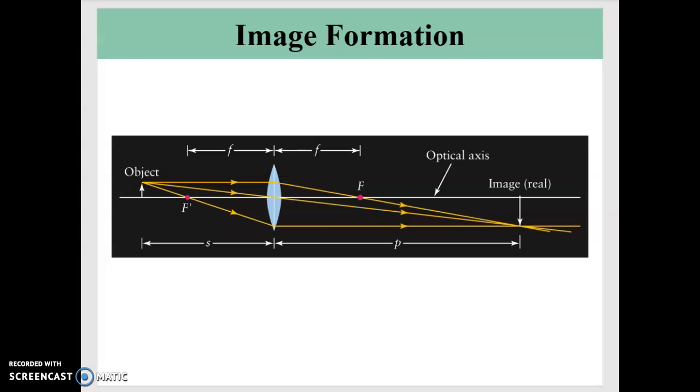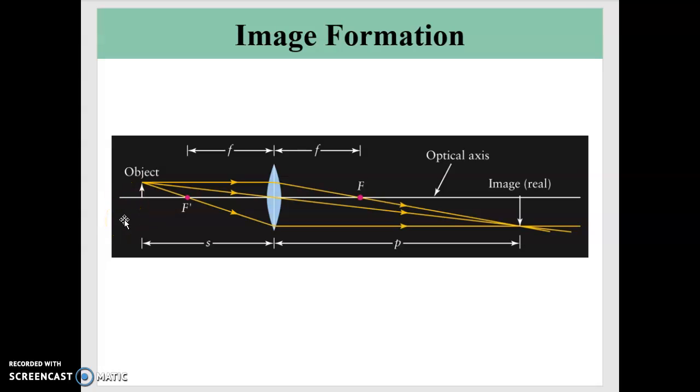So for simple image construction, here's what we do. Suppose we have a lens, and we draw an optical axis right through the middle of the lens, and that cuts the lens in half. We have an object, and we're initially going to look at the converging case.